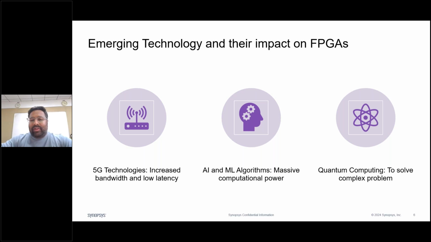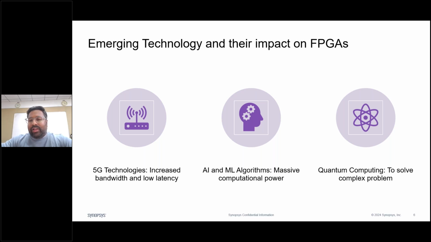Next thing that will also impact the future of FPGA is quantum computing. Quantum computing is the next stage where we will be developing quantum algorithms, which are very fast, and we will need a platform to deal with this fast computing, where our normal or commercial computers will not be able to cope.